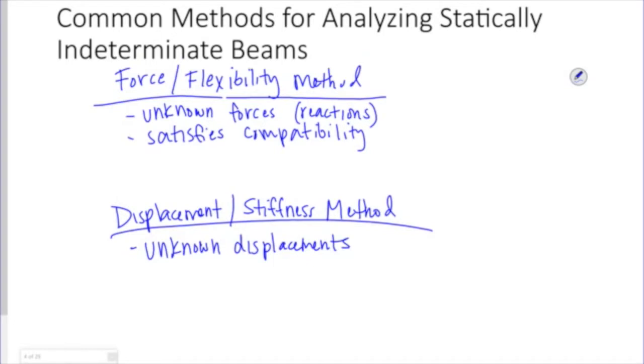And it also satisfies force displacement requirements, which is what we've been using to solve like virtual work and such, to solve for displacements.